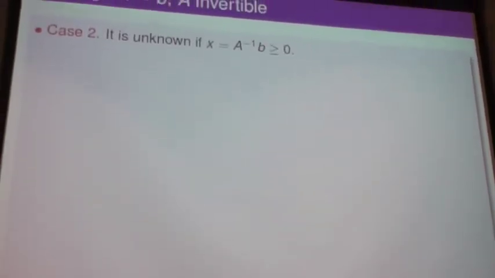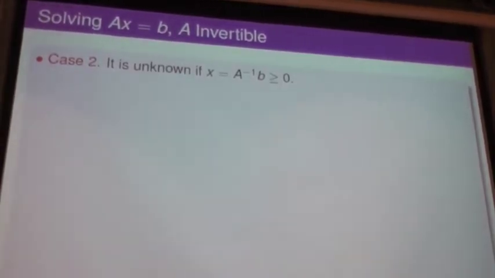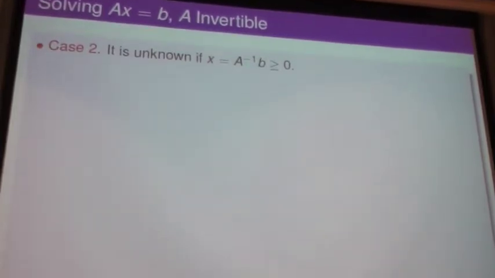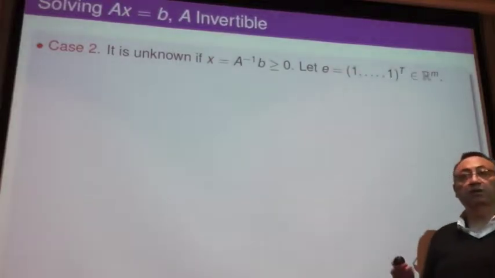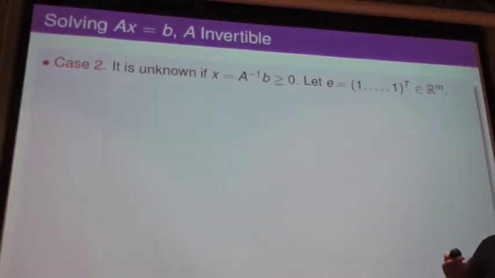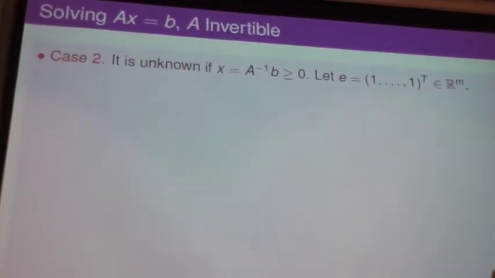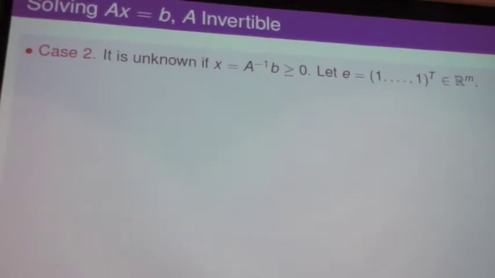Now, case 2, I want to solve Ax equals b, where A is invertible, but I don't know if the solution is bigger than or equal to 0. So here I try to estimate the negative component of the solution.